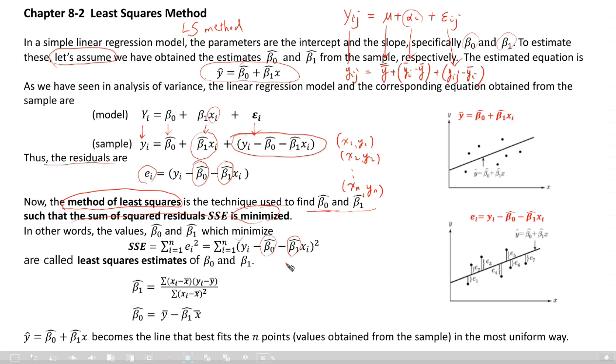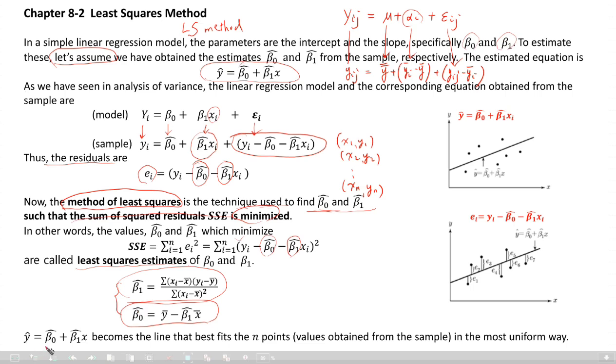If you do not know the partial differentiation method, that's okay, I think. Somebody who knows it can follow the steps; I will not go through them. But anyway, the result is that the least squares estimates of beta 1 and beta 0 are like this. And beta 0 hat is y bar minus beta 1 hat x bar. Simply.